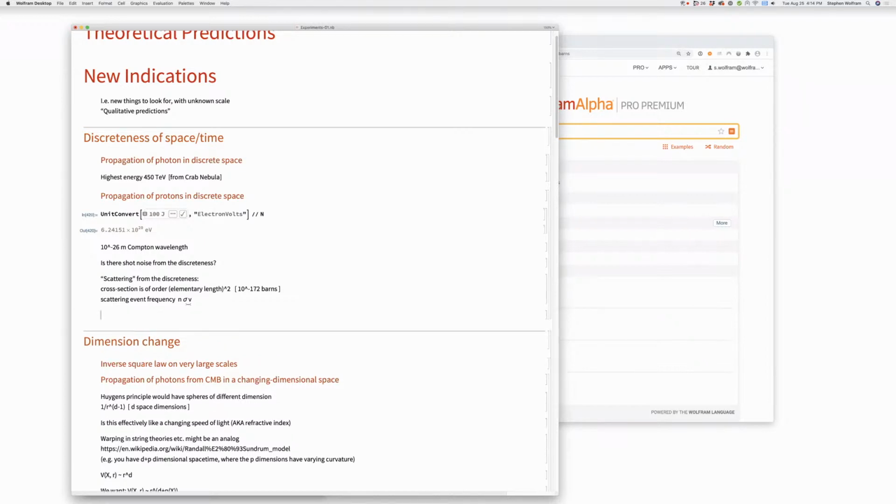Okay, so what is the mean free path for scattering from the discrete background, basically? Right, that's the question. So mean free path is that scattering cross section. I am so out of practice at this stuff. This is terrible.